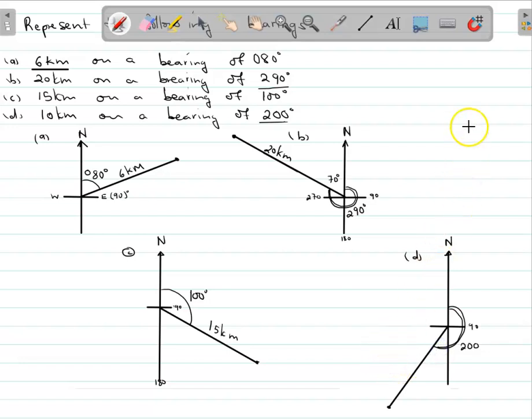So you realize that at a later stage, someone who is very conversant with this will not need to draw the whole thing. They will not put the south, the east, or the west, but you will see them coming up with 200 in something like this, because they see that it should go this way. When you say a bearing of 300, you see the person just going something like this, automatically.